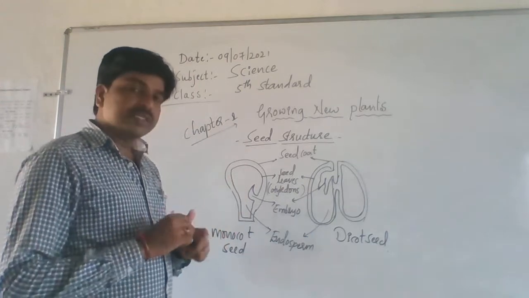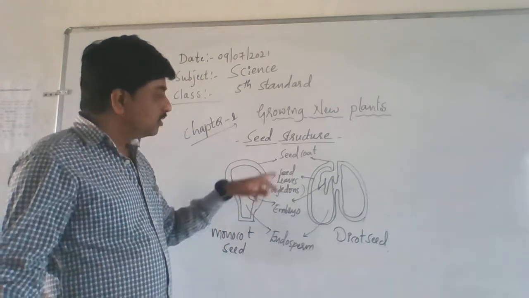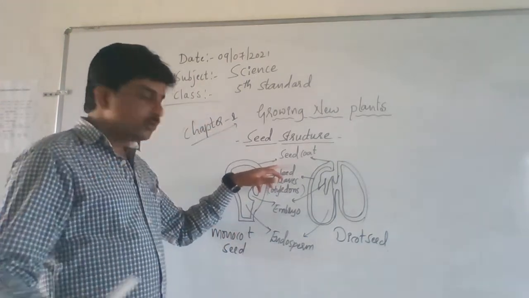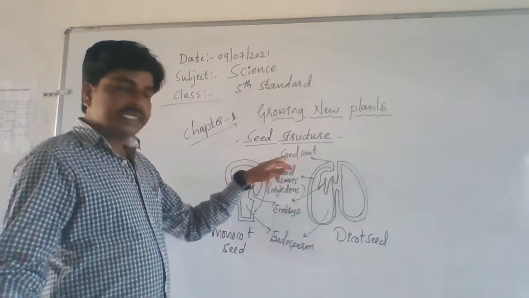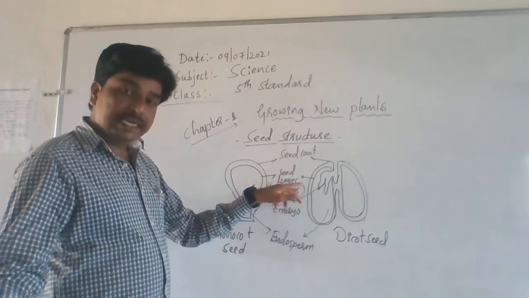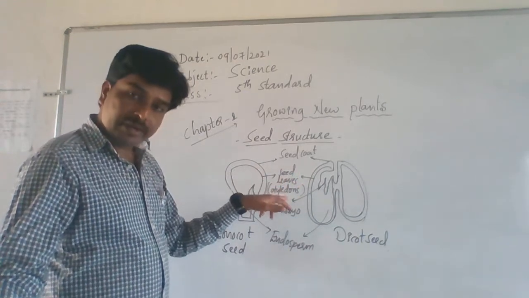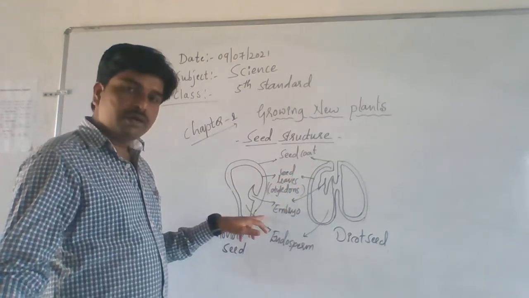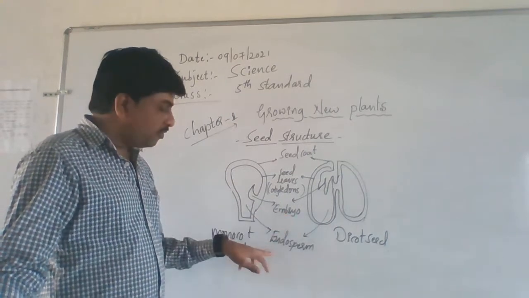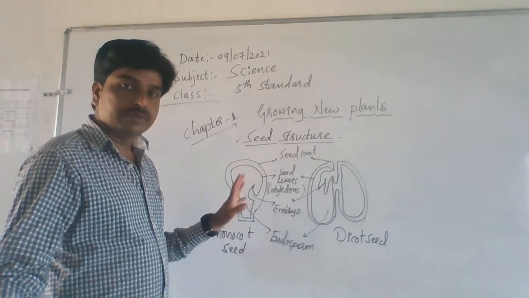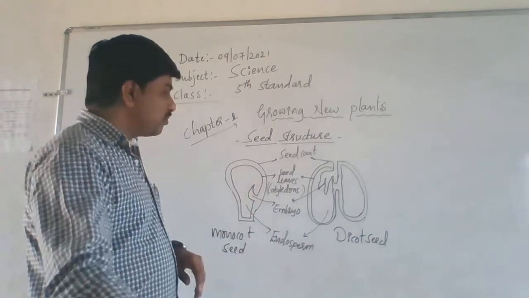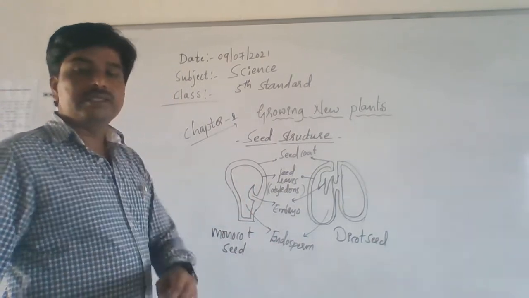See, the seed has basically 4 parts. I will explain the functions later. Now only the parts first. Seed coat is there, seed leaves which are also called cotyledons, third part embryo, fourth part endosperm.